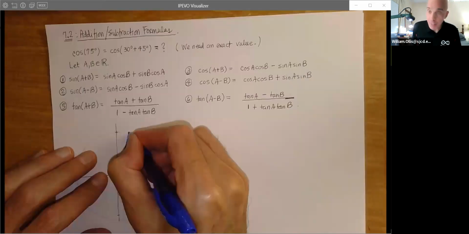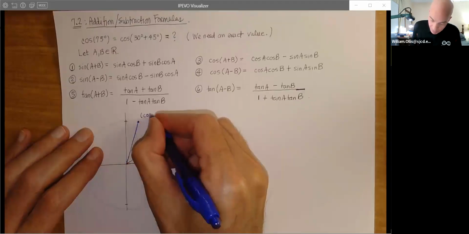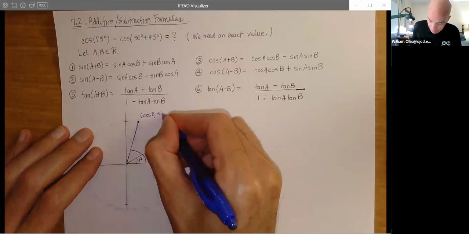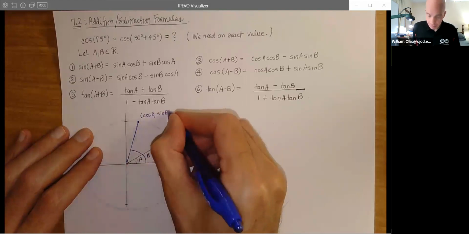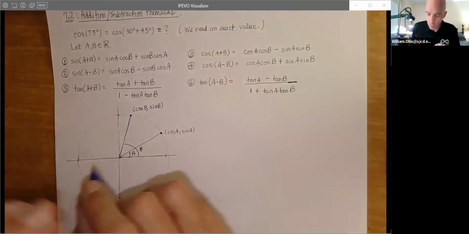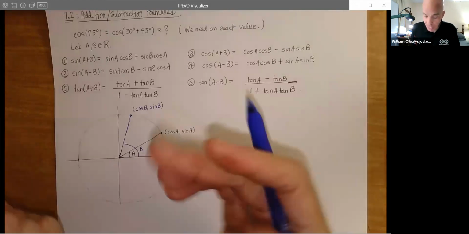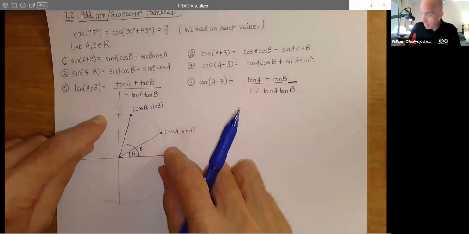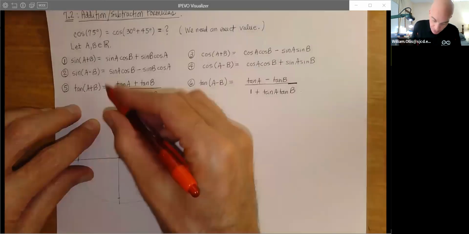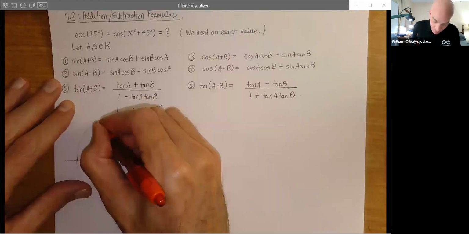And again, by definition, this will be cosine B, sine B. And then to move the logic forward, I'm going to think of adding the angles A and B. So to B, I'm going to add A, which will put me about right over here, just in a figurative sense, adding another angle A here.